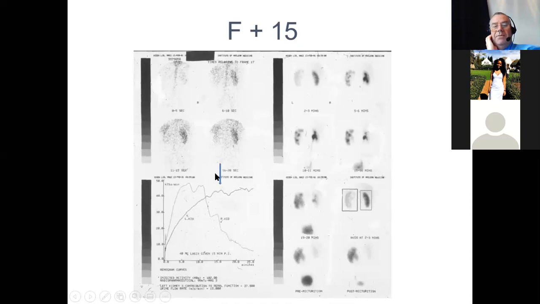At 15 minutes, the technologist has given some frusemide or furosemide, but you can see it makes no difference at all. There's no drainage. So that left kidney is in fact obstructed, and the right kidney is a bit dilated, but not obstructed. So it's perfectly okay to do that as a technique. There's no problem doing an F plus 15.